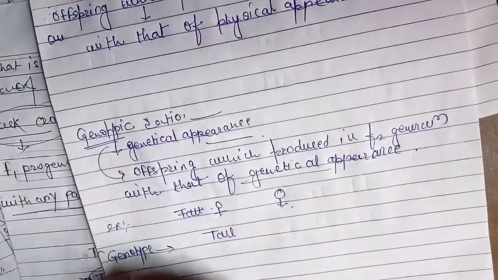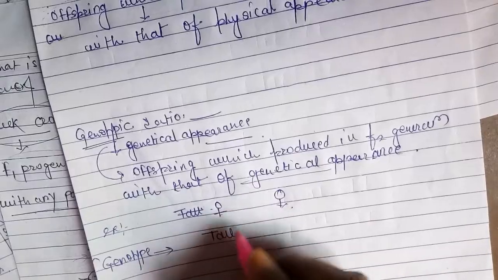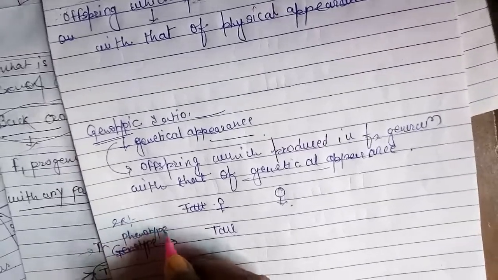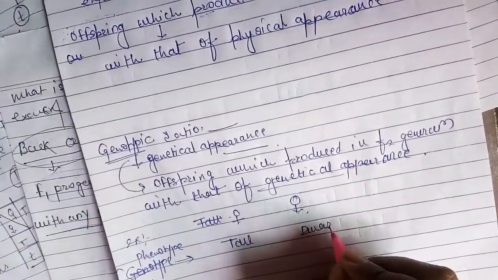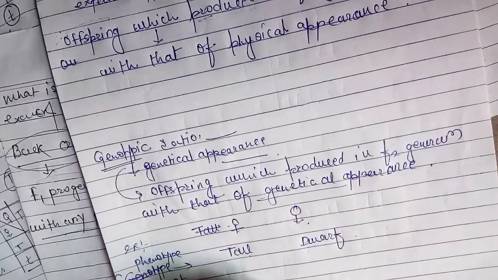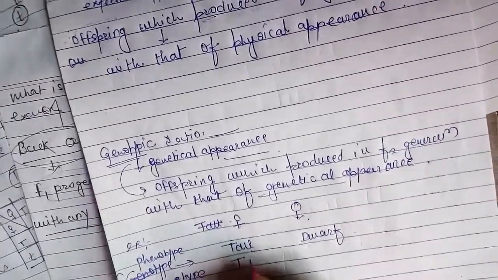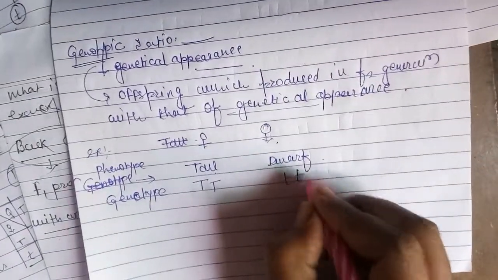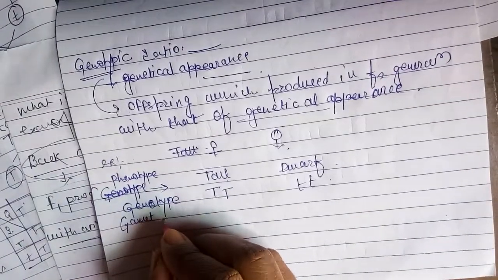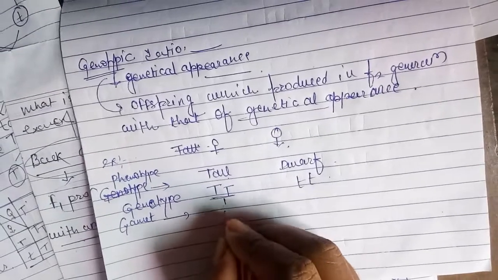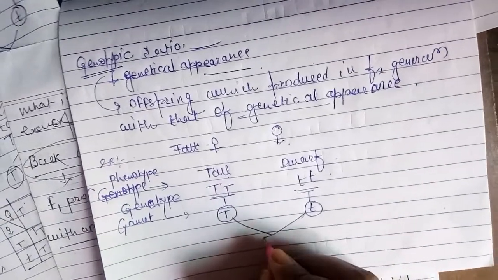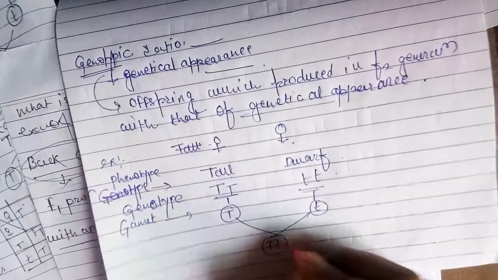If you are given an example, you will have to show the notation, a symbol, and after that the genotype, sorry, the phenotype: tall crossed with dwarf. And what are the genotypes of that phenotypic character? Capital T, capital T, small t, small t. Then after the genotype we have to take the gametes, capital T and small t, cross to each other, and it forms capital T, small t.